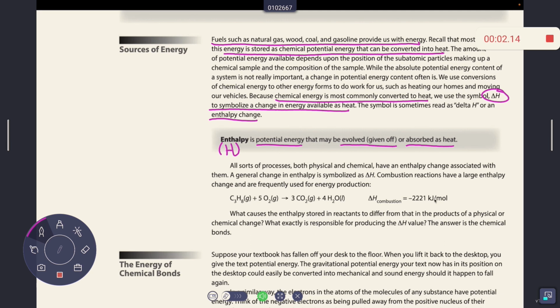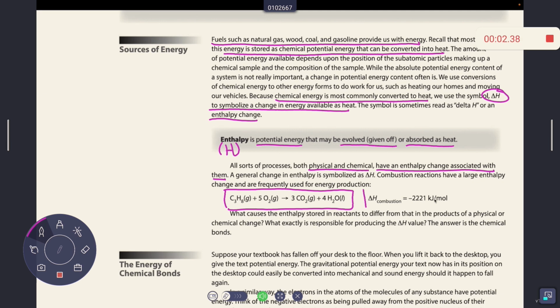Now, the processes that we are looking at could be physical or chemical. It doesn't matter which one. All physical and chemical processes have some sort of an enthalpy change associated with them. And let me give you an example. If we're looking at a combustion reaction, like this one here, with C3H8, it combusts with oxygen gas to produce carbon dioxide and water.